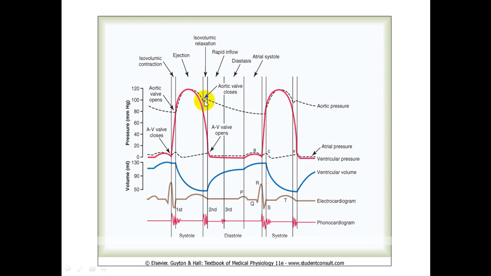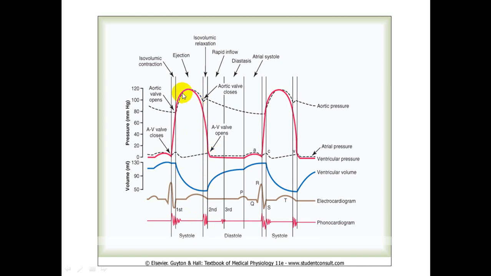Look, closure of the semilunar valve gives us the second heart sound, a high frequency sound. Then starts the period of isovolumic relaxation. The pressure drops down and there is no change in the volume, while the four valves are closed.